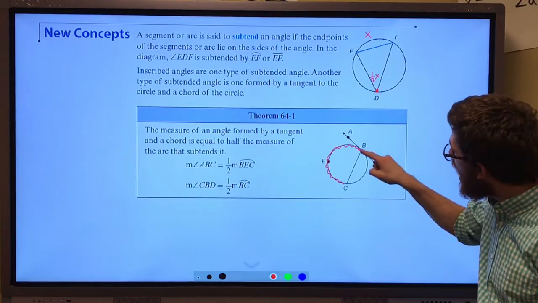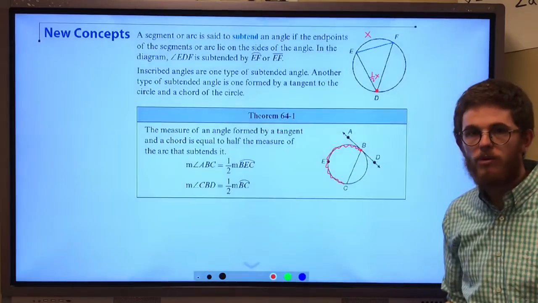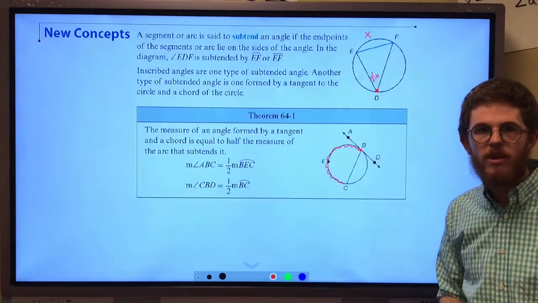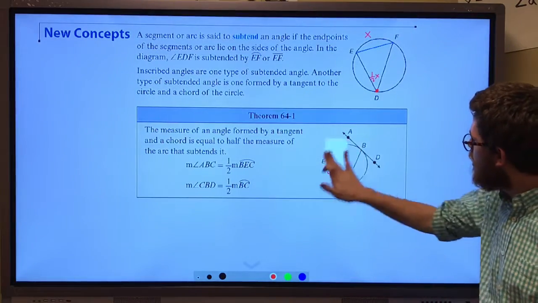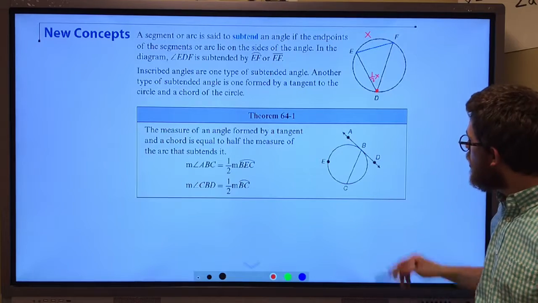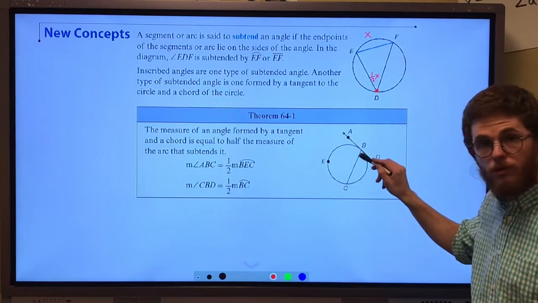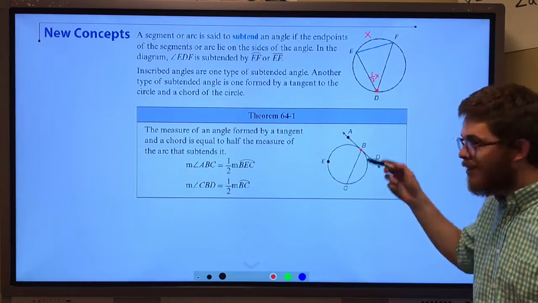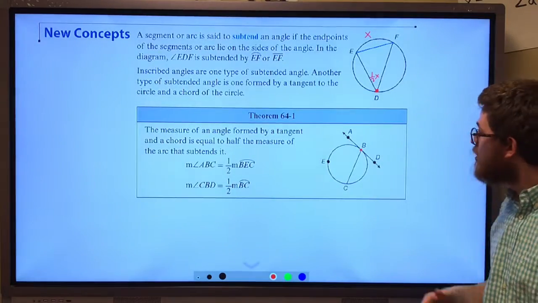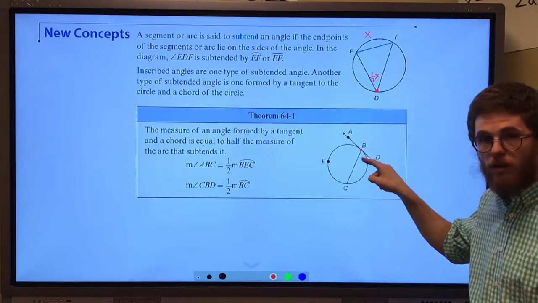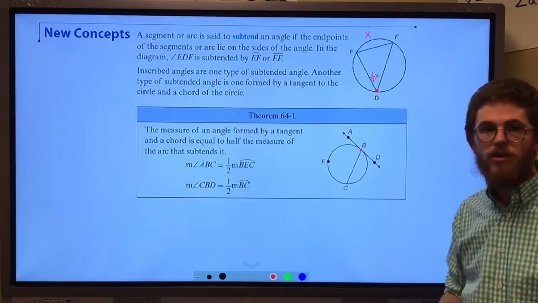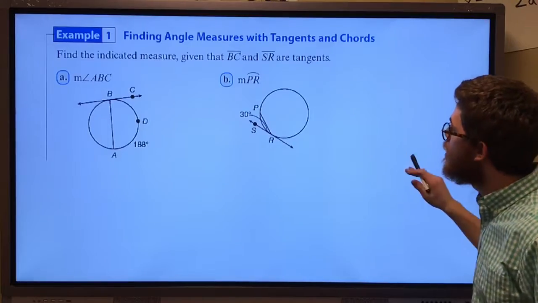It is going to be half the arc that it opens up into. It's still really the same thing. And though it looks like a fairly different situation, the arc that it opens up into has an endpoint on that circle. So once again, that inscribed angle is half of the arc that subtends it.